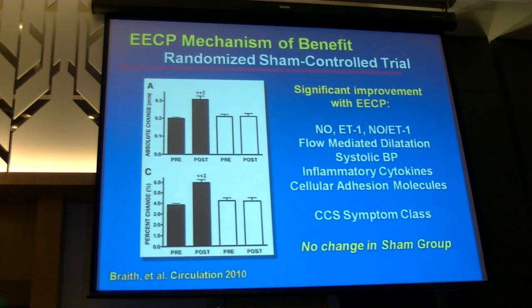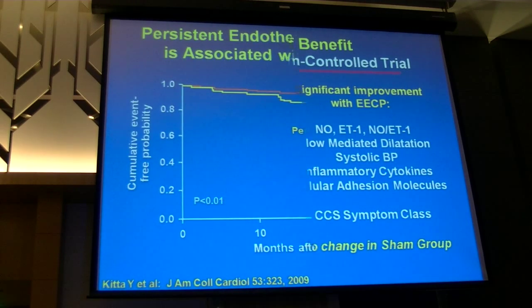Flow-mediated dilatation was improved. Cellular adhesion molecules and inflammatory cytokines were all modulated in a favorable direction, and symptom status improved. Again, suggesting that all of this fits together with endothelial dysfunction improvement as a central mechanism of effect. Just like exercise improves your endothelial function, EECP has a similar sort of mechanistic benefit.